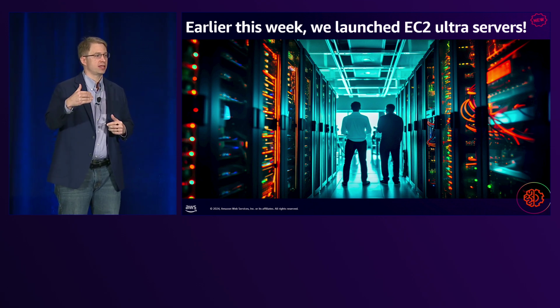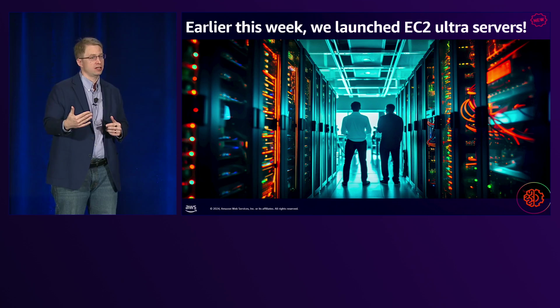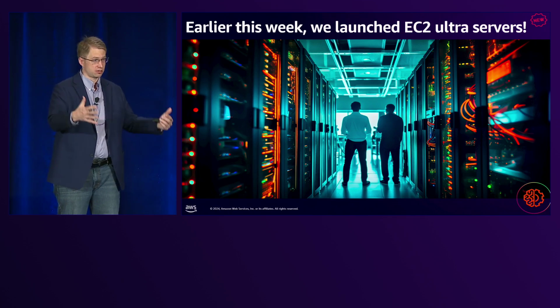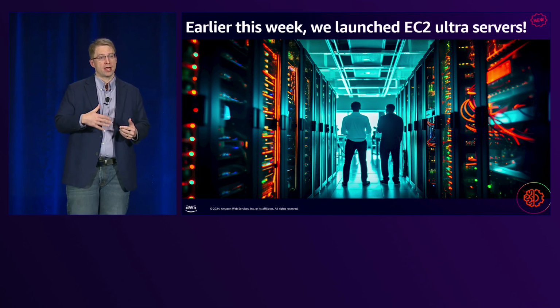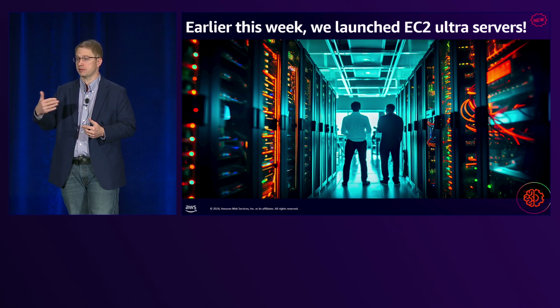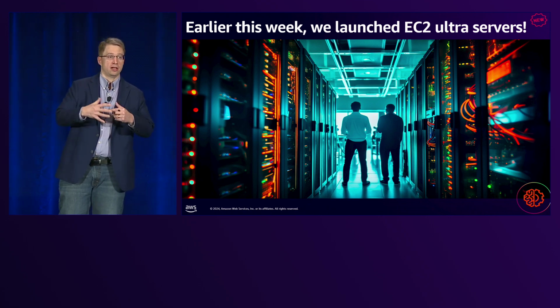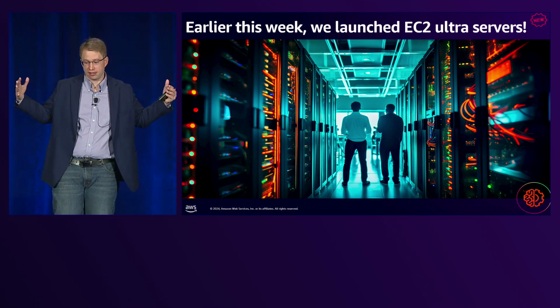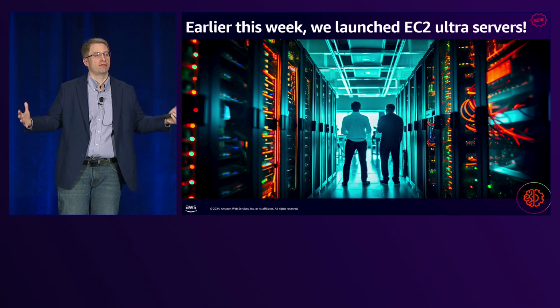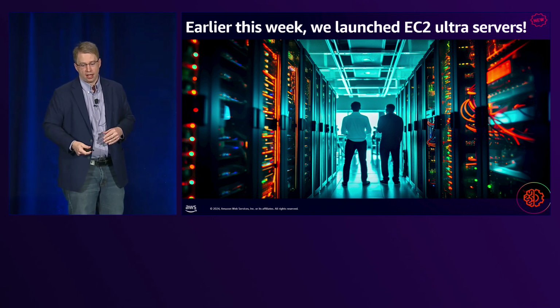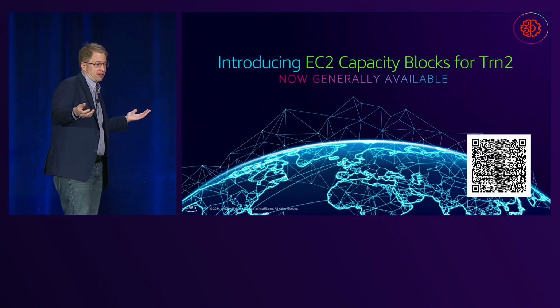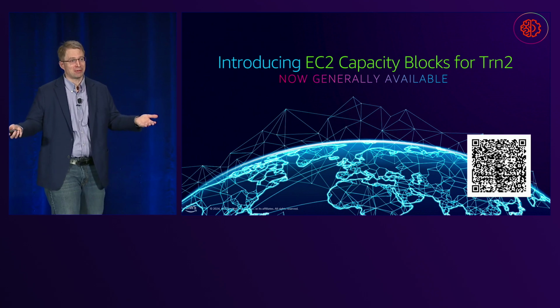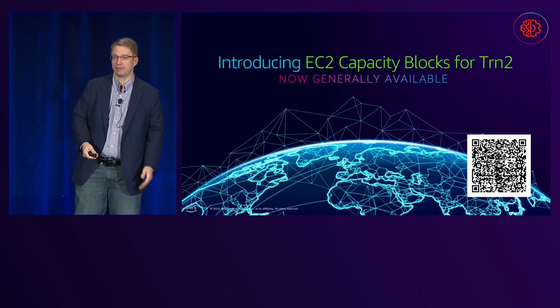They're one of those plays where AWS is continuing to innovate by building its own silicon associated with machine learning. You can imagine that over time, we're going to continue to optimize and work with our partners to have an incredible set of offerings built on top of this. And with that said, it goes without saying, but we have capacity blocks associated with TRN2 as well.